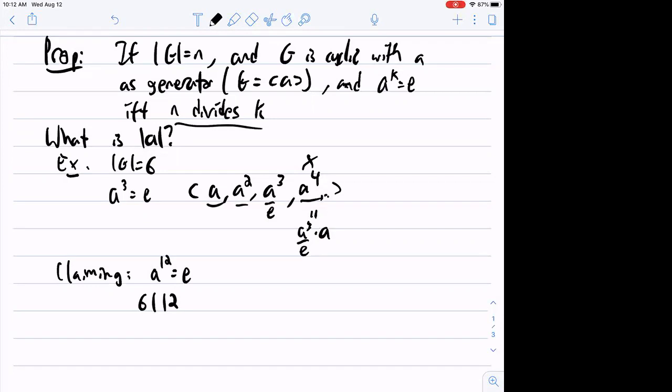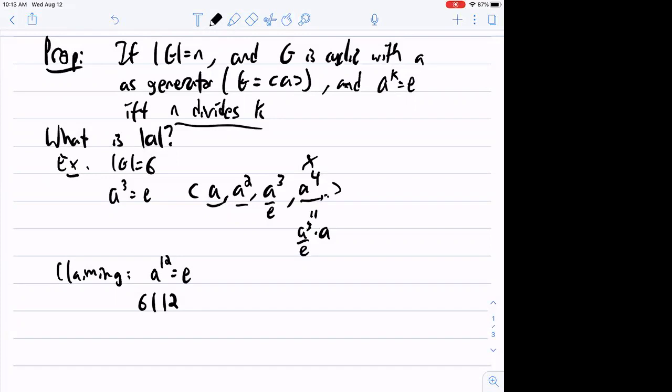So I'm actually claiming you cannot have any value smaller. K will have to be bigger. This proposition basically says K has to be bigger than or equal to n.